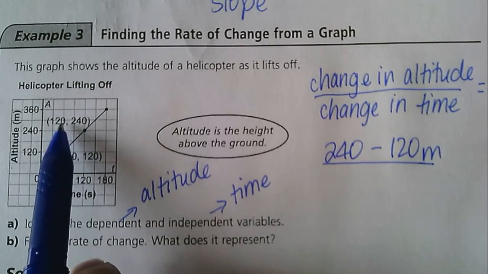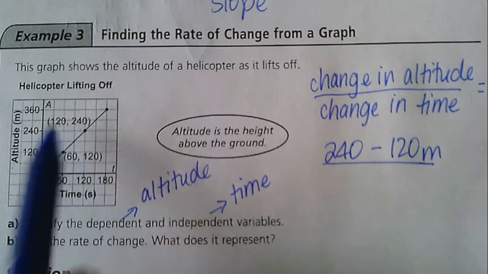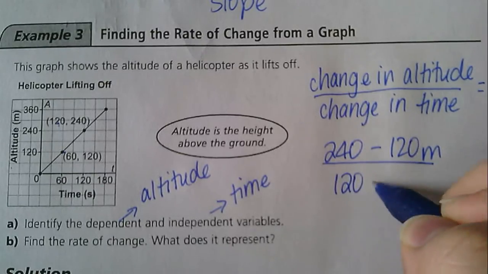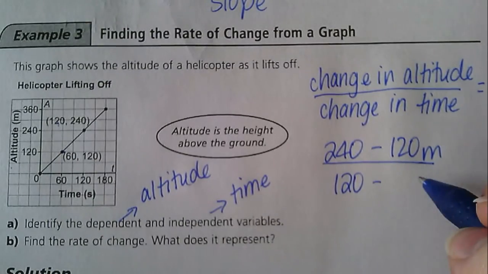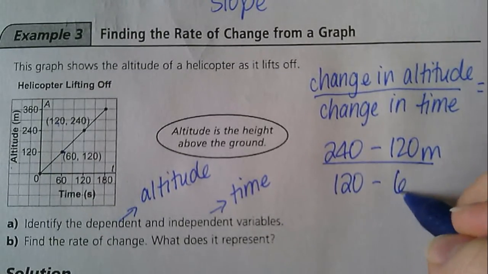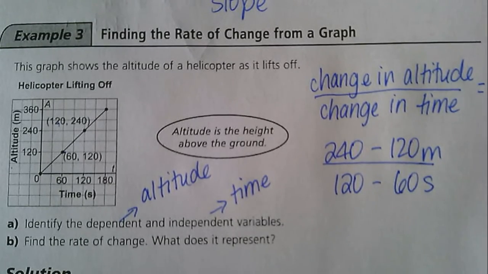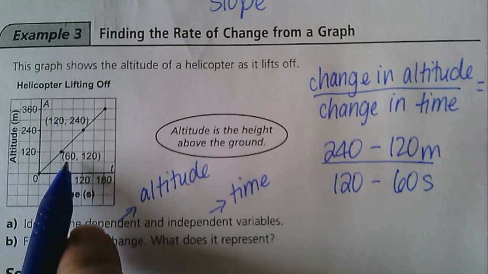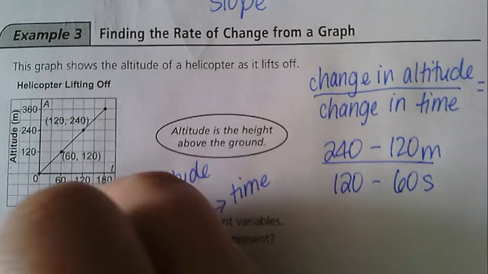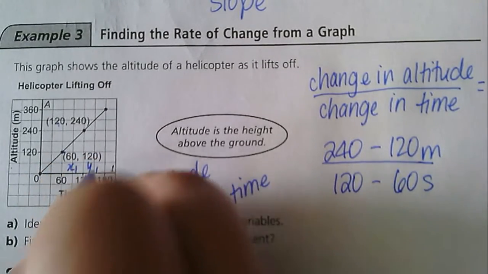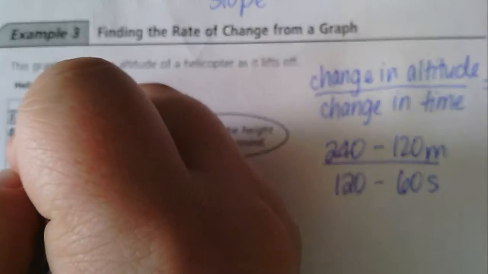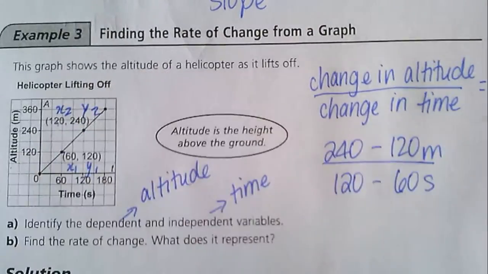On the bottom, we're going to use our second x point, which is 120, minus our first x point, which is 60, and that was in seconds. Again, if you wanted to, you could label these as 1 and 2. This could be x1, y1, and this could be x2, y2.